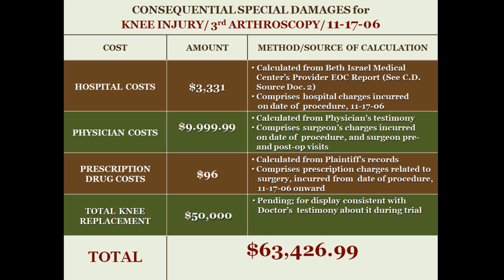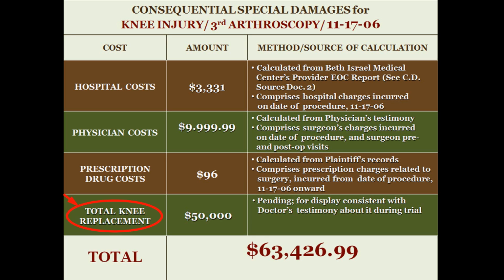James Brown needed even more treatment, so we had a third arthroscopy. And once again, you see the various costs for each part of that procedure, and you also see the way James Brown was able to arrive at the cost that was involved.